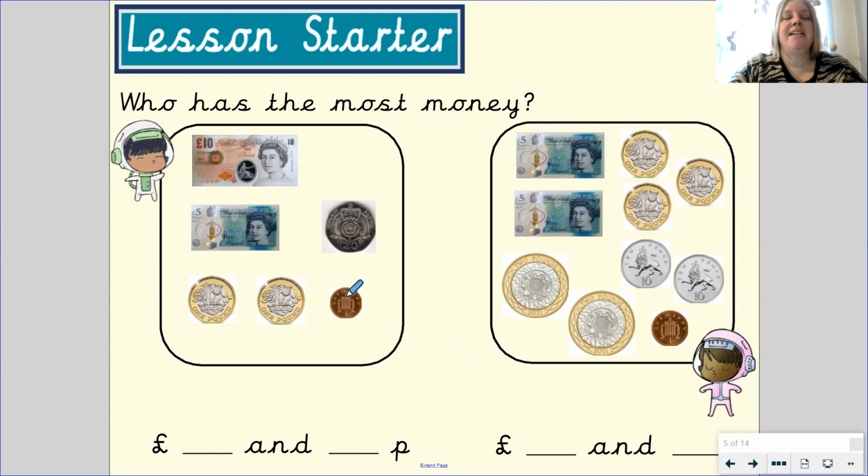The first thing I need to do is add the pounds together. If I add £10 and £5, I have £15. If I add another pound, I have £16. If I have another pound, I have £17. So altogether, he has £17.